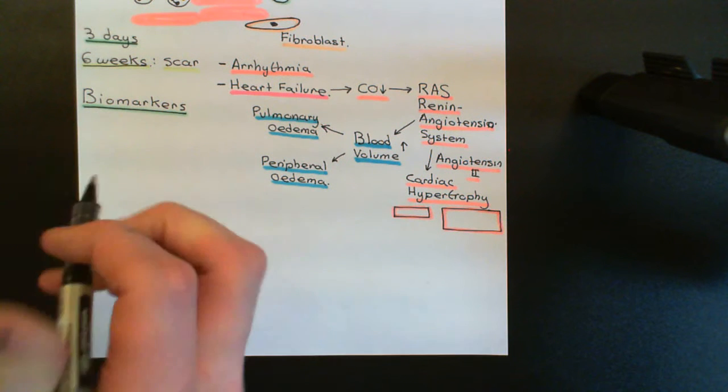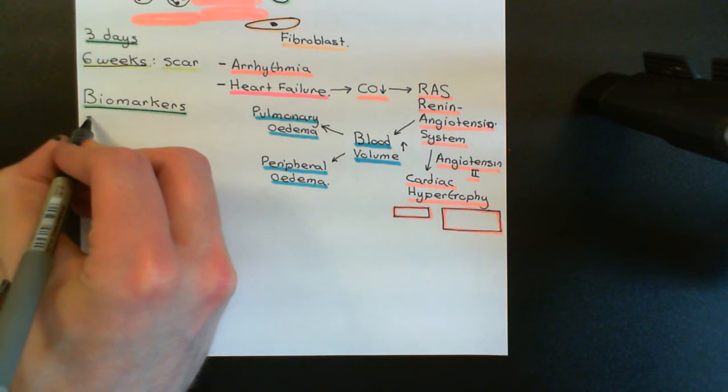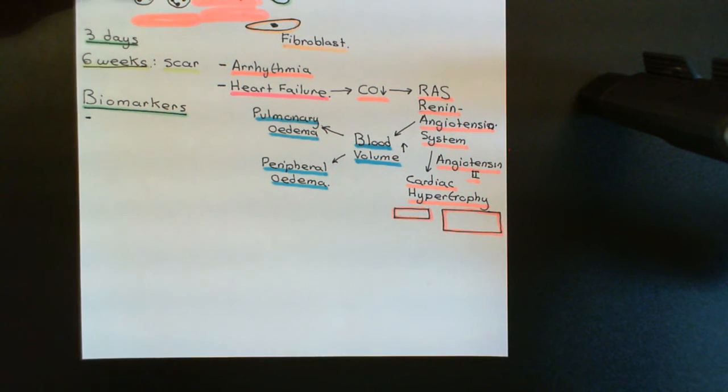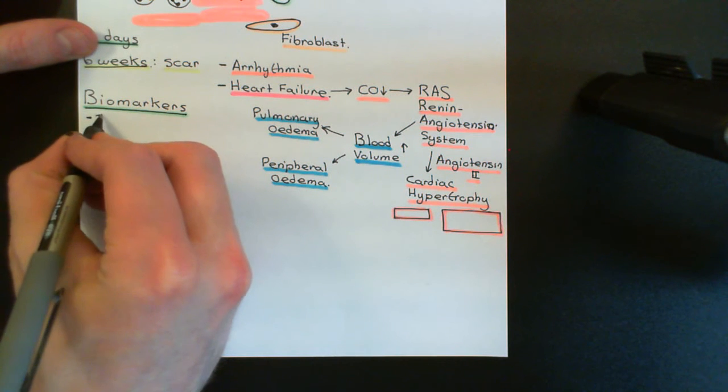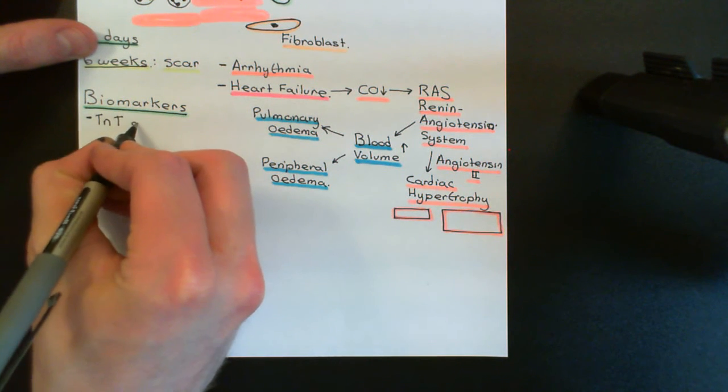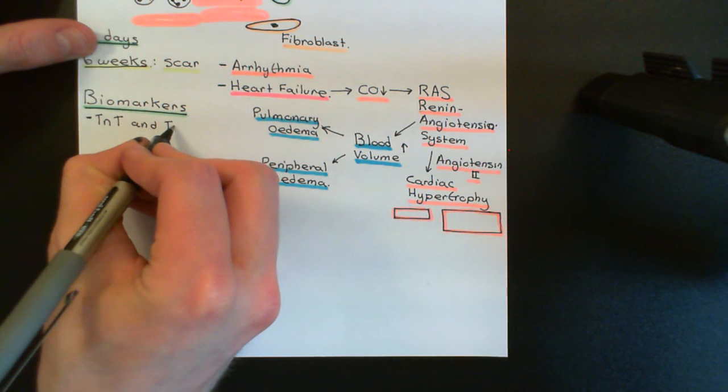So as I say, to diagnose someone having suffered from a myocardial infarction, what you can do is test their blood and see whether their blood contains these troponins, which are known as troponin T and troponin I, and they're the cardiac specific ones.